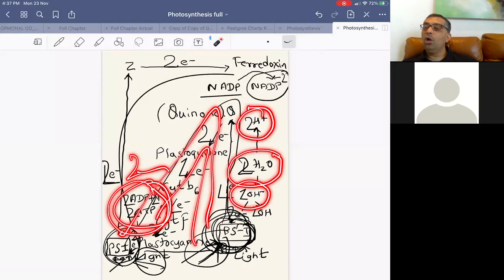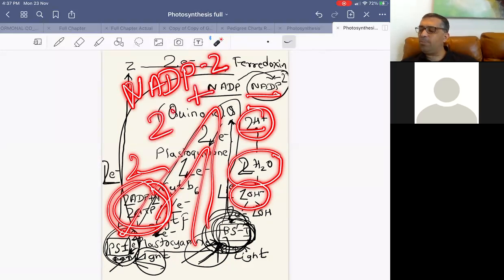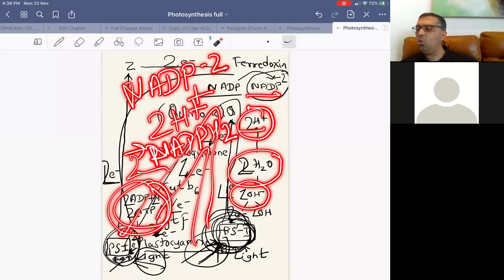Golden word. 2H plus combined with NADP minus 2. And NADP minus 2 plus 2H plus form NADPH2.